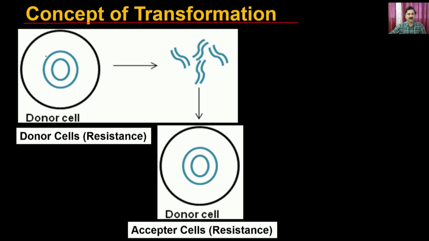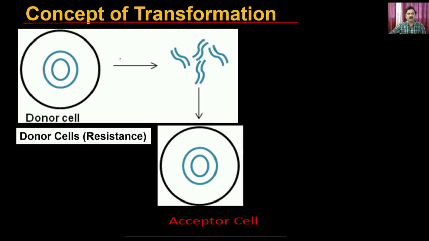So you can imagine that you have a bacterium which contains the DNA, and this donor cell is resistant, for example, against an antibiotic like ampicillin.